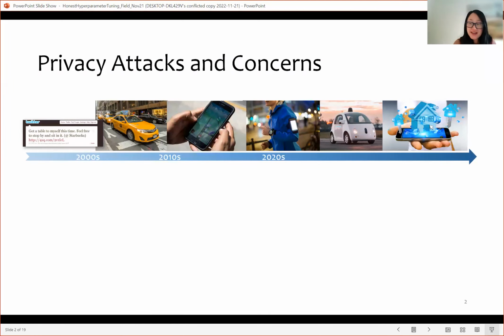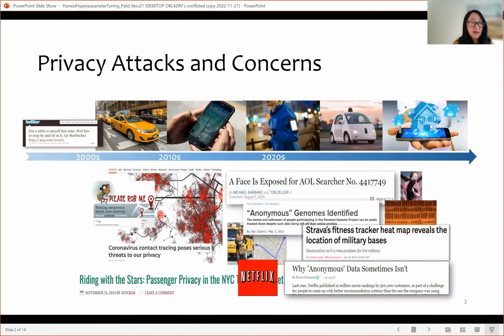However, we also see that there are many news about privacy breaches in the past few years, not to mention companies having to pay millions of dollars for misuse of the data or sharing of the data without the user's permission. And we may ask, how about machine learning applications that deeply rely on personal data?